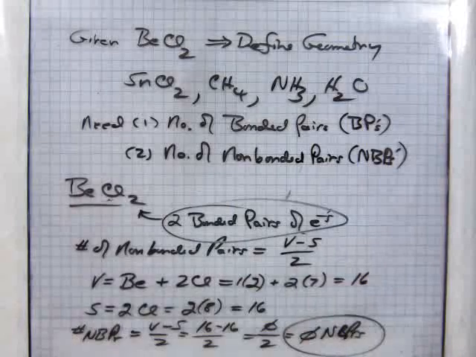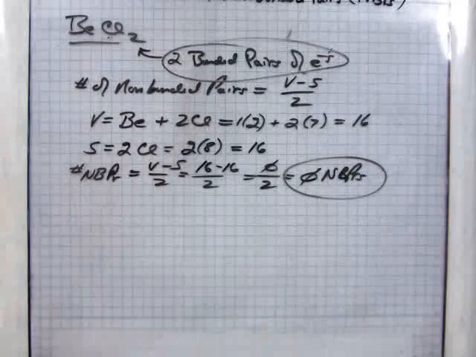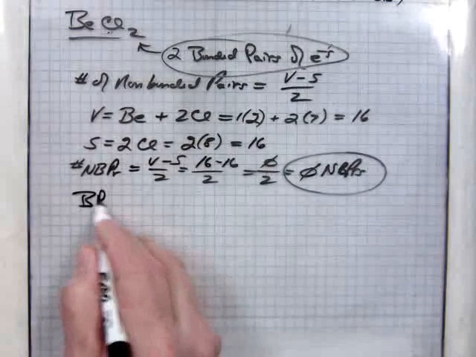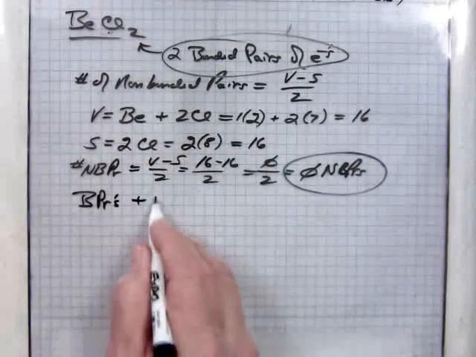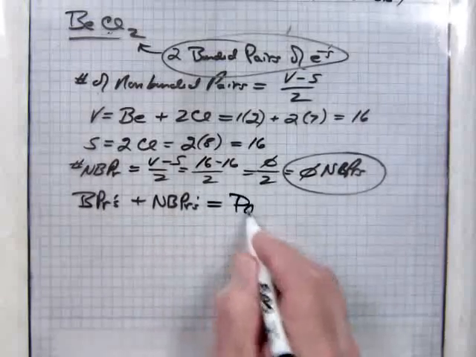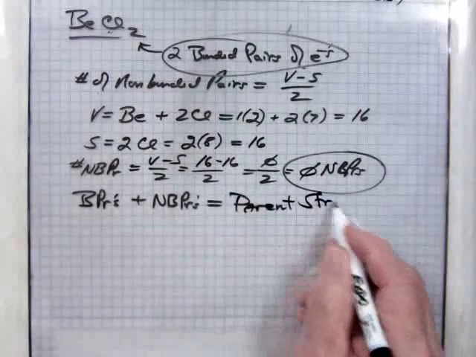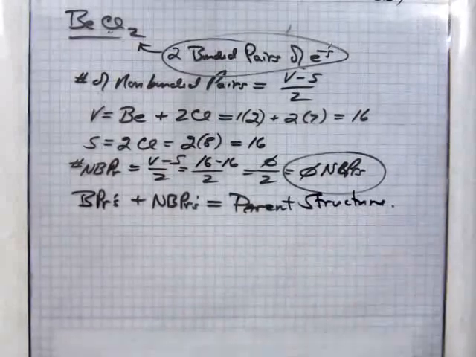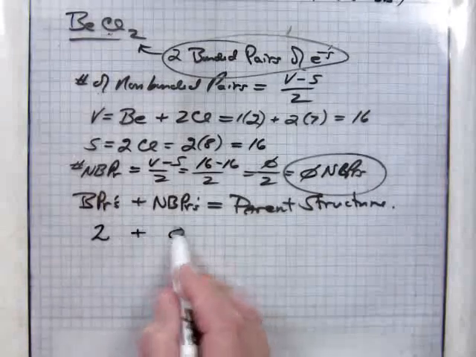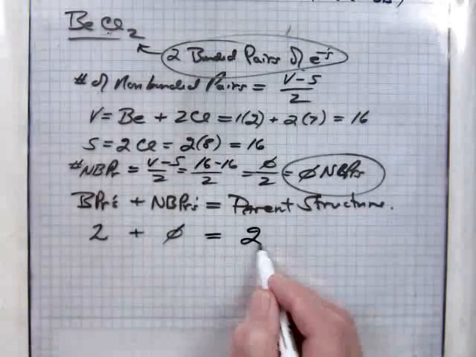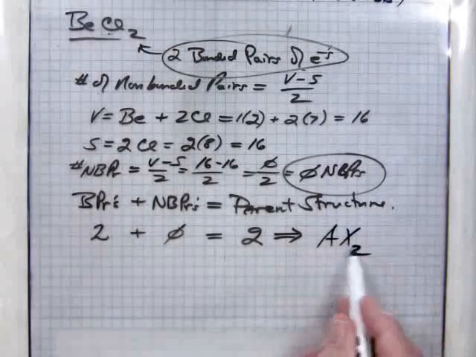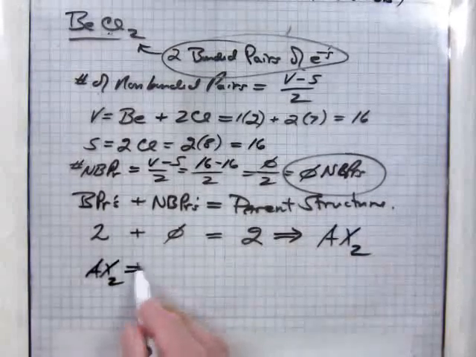Now, to define the parent structure, let's do it. Bonded pairs plus non-bonded pairs equal parent. That means the bonded pairs, there are 2, plus non-bonded pairs 0, and that gives you 2. Well, what that means is 2 substrates attached to the central element, and if you have an AX2, it's linear.